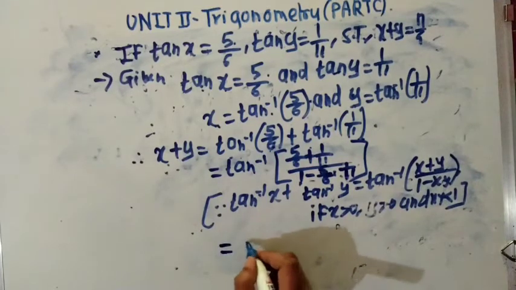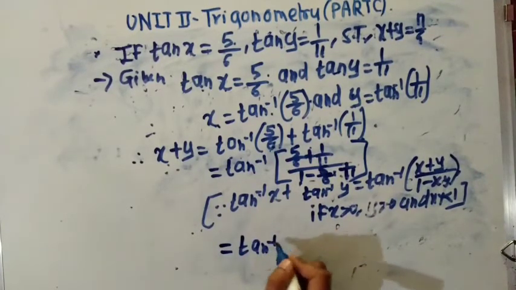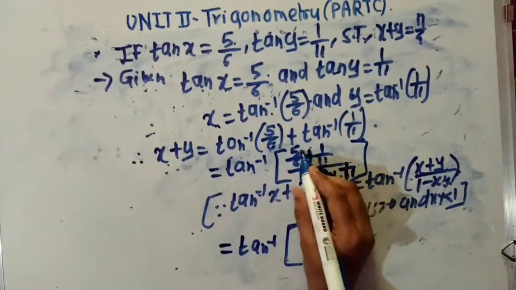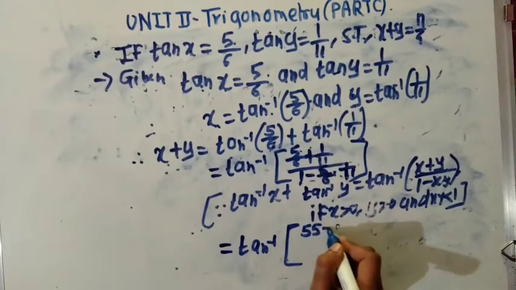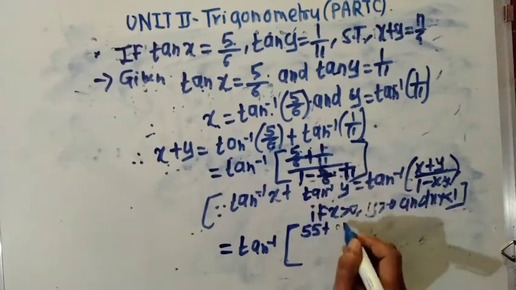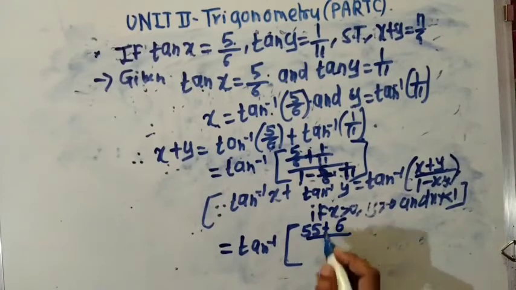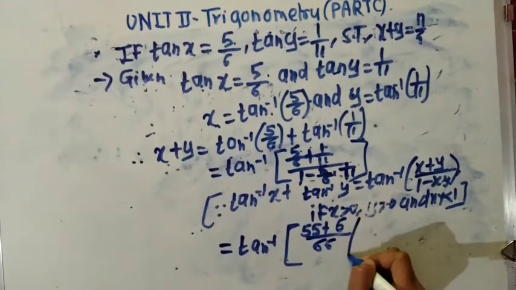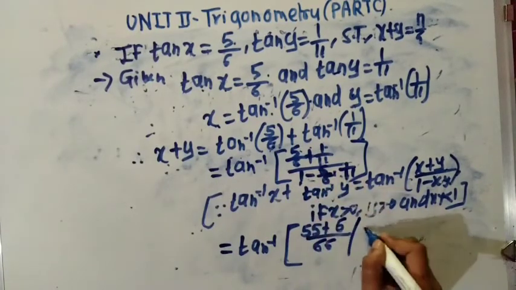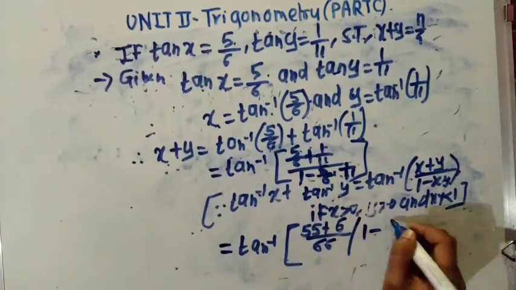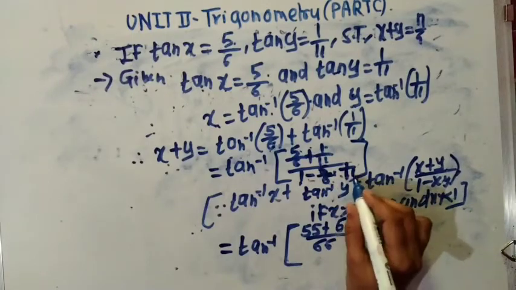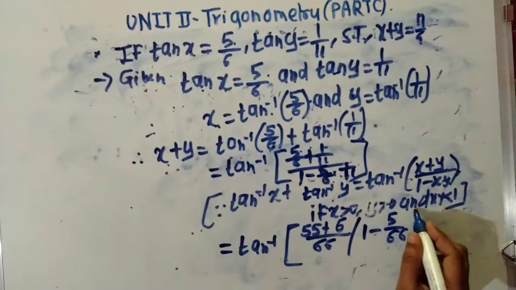Hence, which is equal to tan inverse of 11 into 5, 55, plus 6 into 1, 6, upon 11 into 6, 66, upon 1 minus 5 into 1, 5, upon 6 into 11, 66.